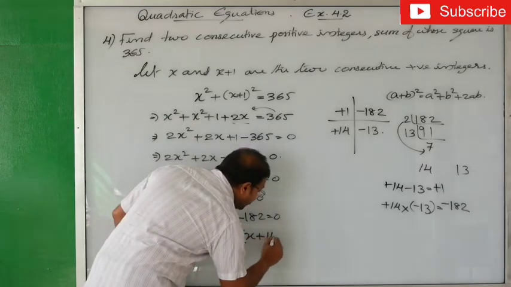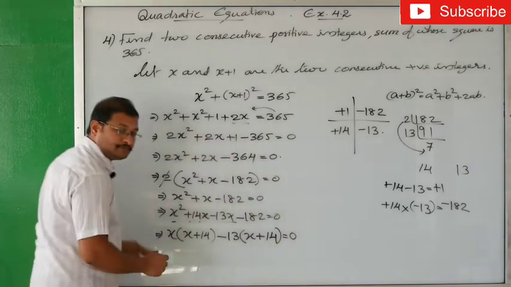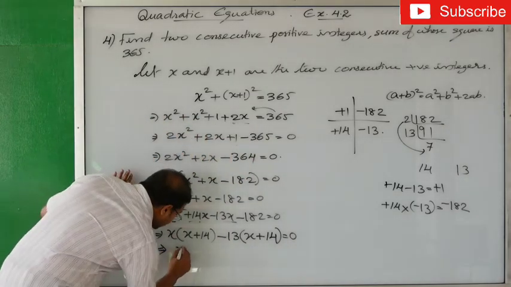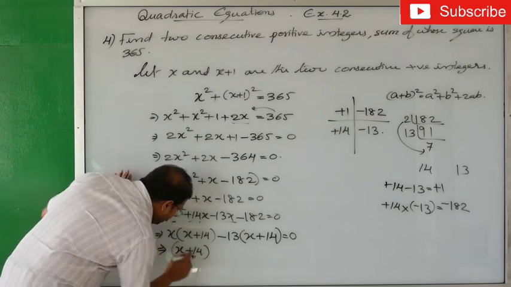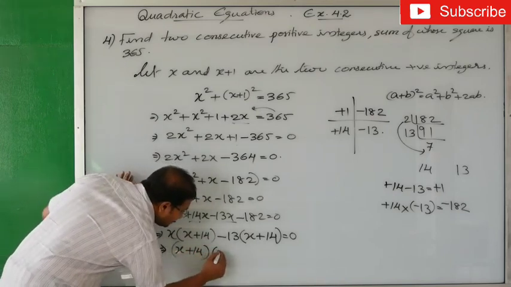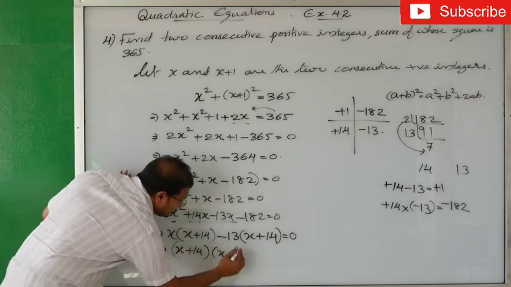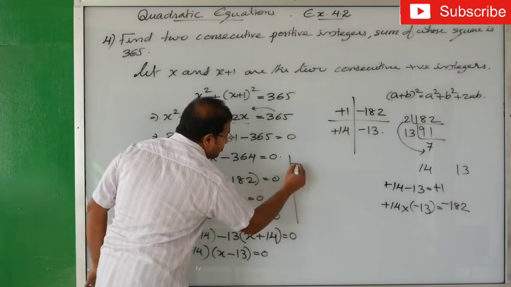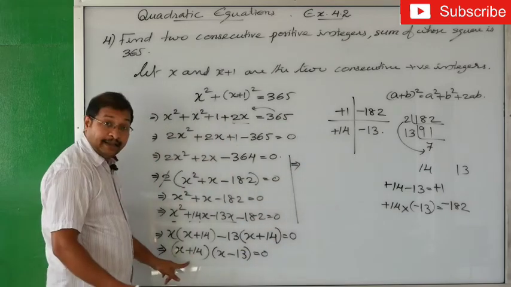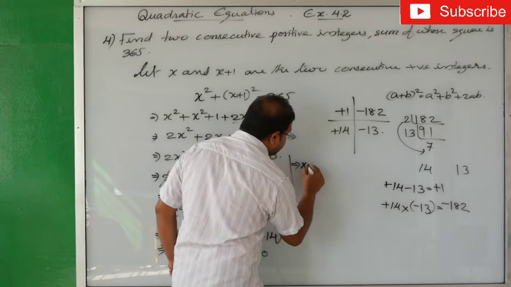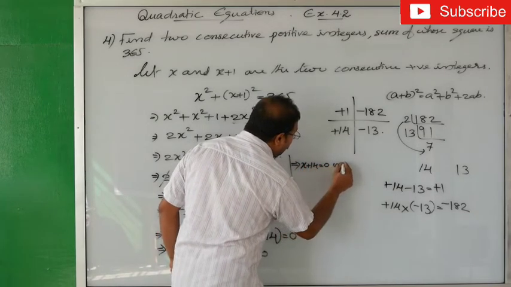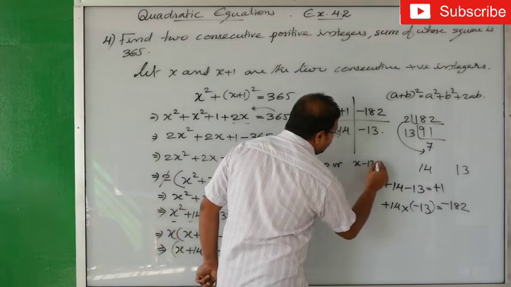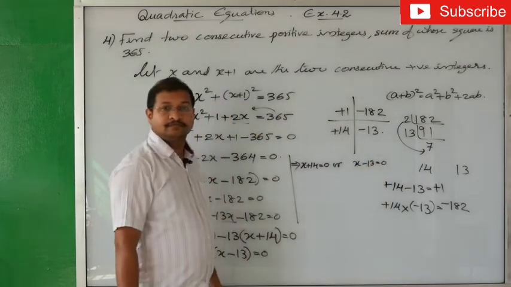Equal to 0. See, the brackets are same. That means what will you write? (x plus 14) into (x minus 13) equal to 0. This implies x plus 14 equal to 0 or x minus 13 equal to 0. Ready?